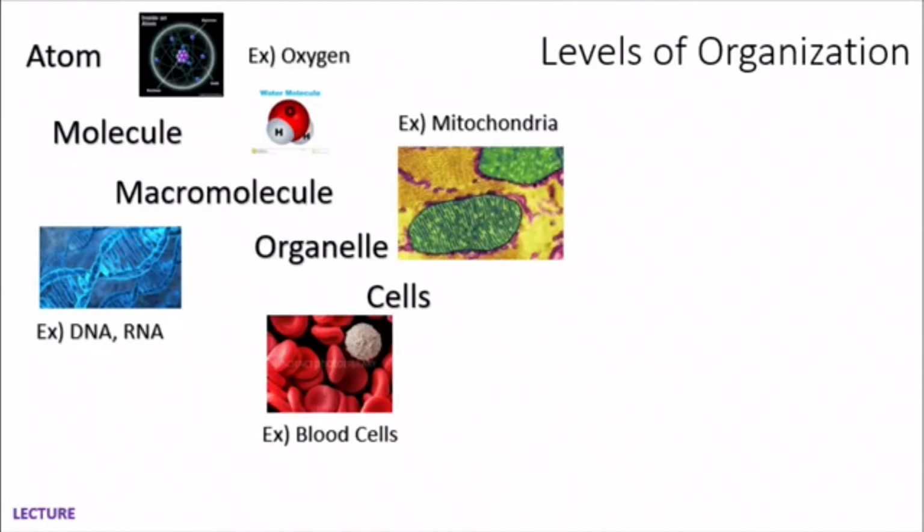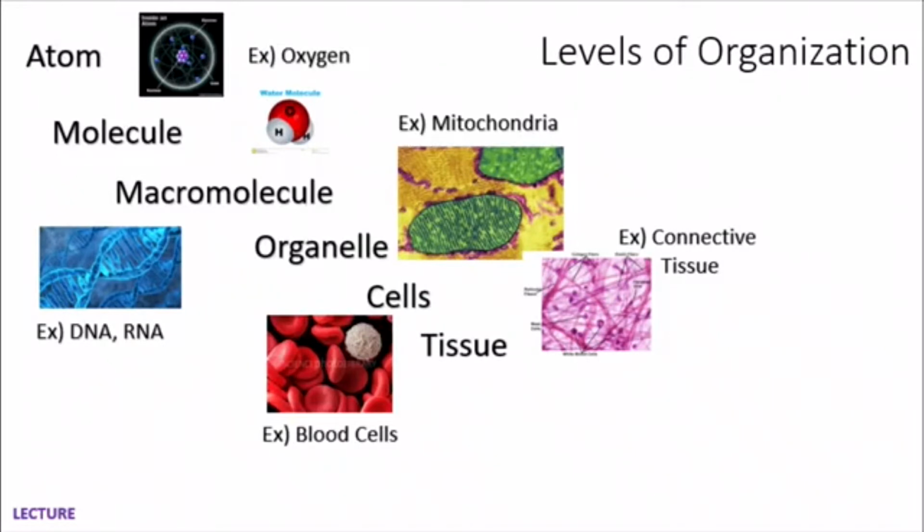Groups of cells are going to come together in what we call tissues. Chapter 5 will look at tissues. We're going to look at epithelium, connective tissue, with an example on here of areolar connective tissue, which is a subtype of connective tissue. And there's also muscle tissue and nervous tissue.